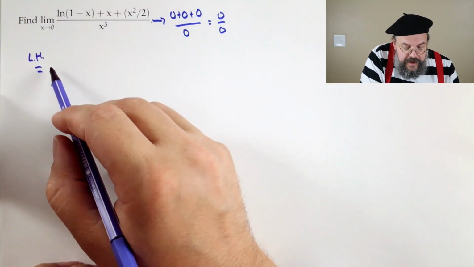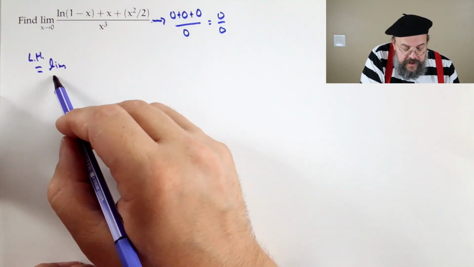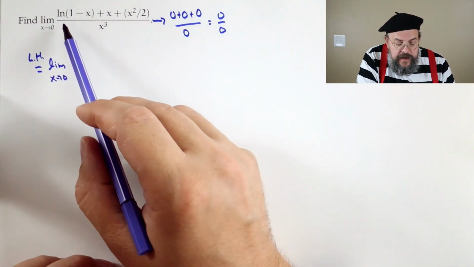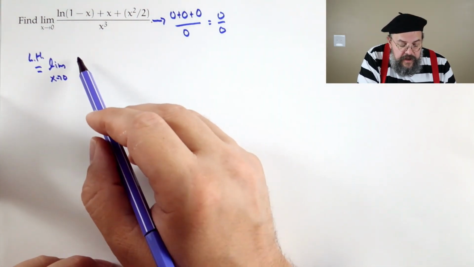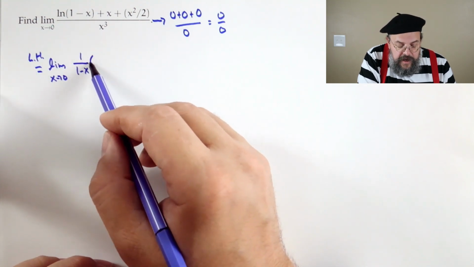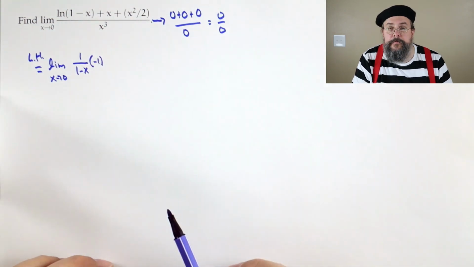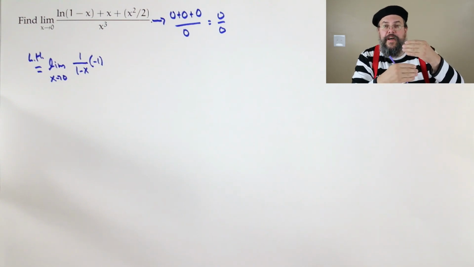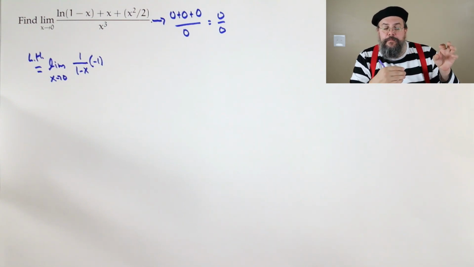and we say, all right, this will be the limit as x goes to 0. Now, the derivative of natural log of 1 minus x is 1 over 1 minus x times minus 1. Where does the minus 1 come from? From the chain rule. The derivative of natural log is 1 over the inside, but then you have to multiply by the derivative of the inside.